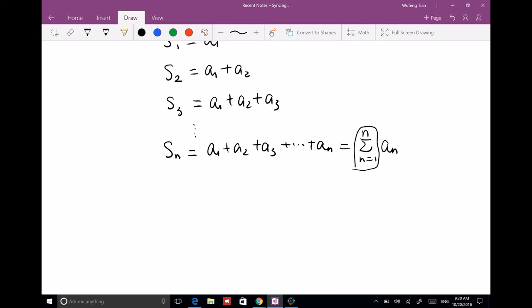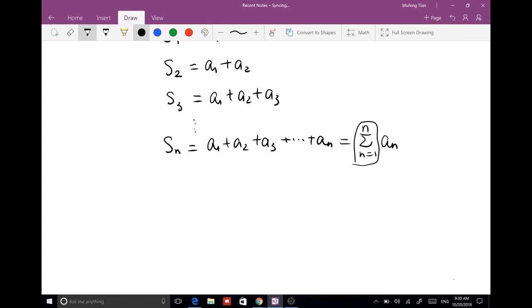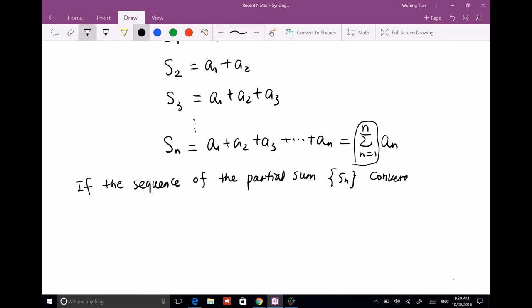Okay, so now let's look at the theorem. If the sequence of partial sums Sn converges to S, then the series, the sum from n equals 1 to infinity of An, converges.